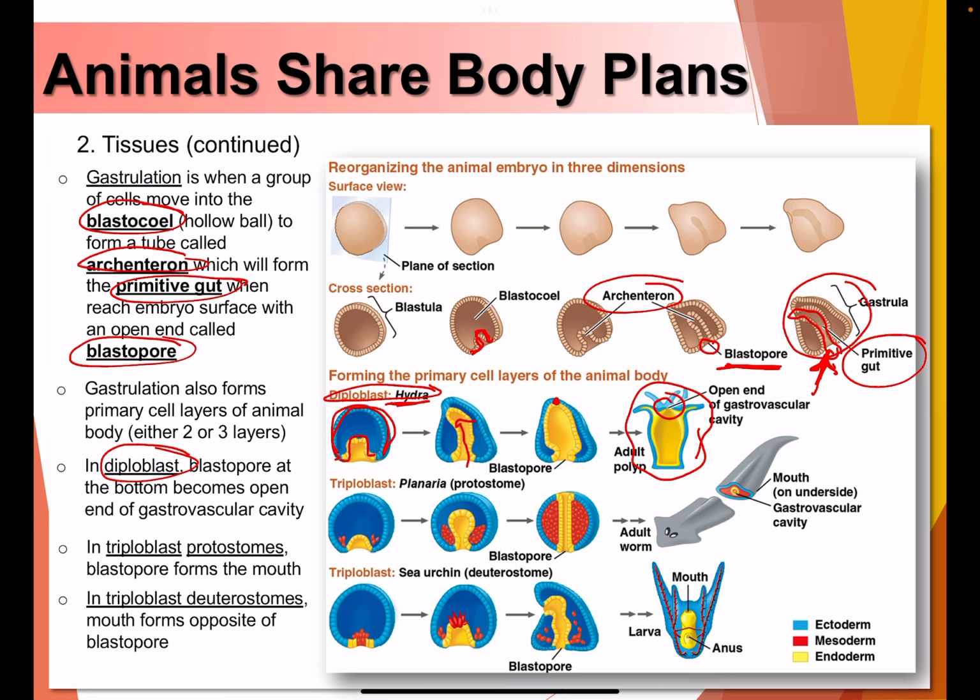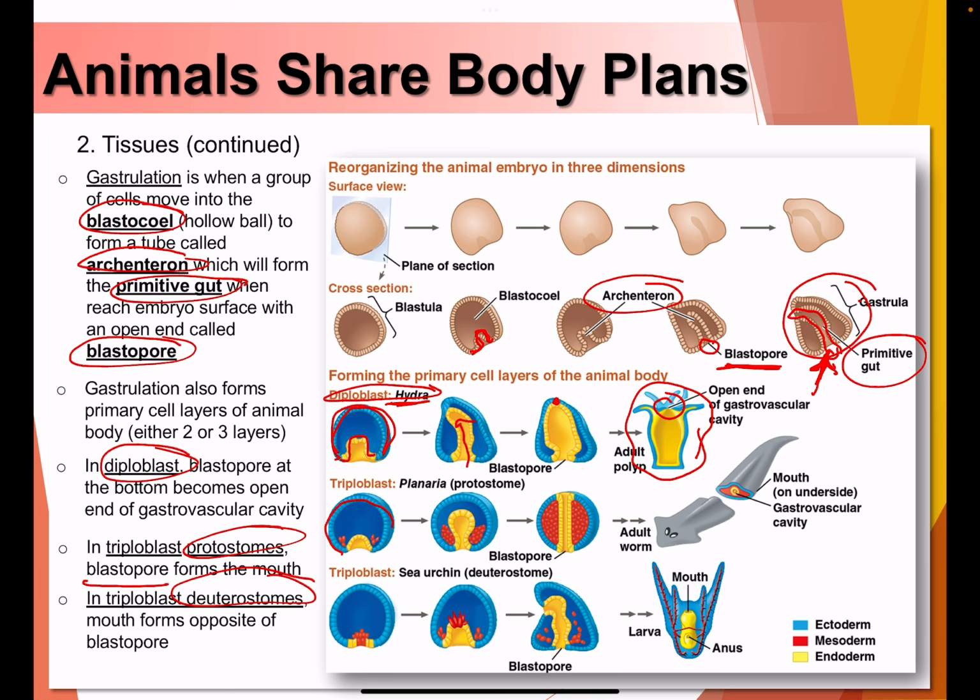Now for triploblasts, there are two ways of development. That's why you have something called protostomes or deuterostomes. We'll get more into that when we get to another slide, but for now, just know that there are different ways of development. So in a triploblast protostome, the blastopore will become the mouth.